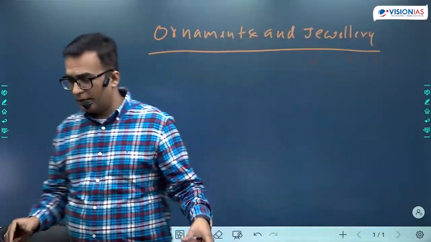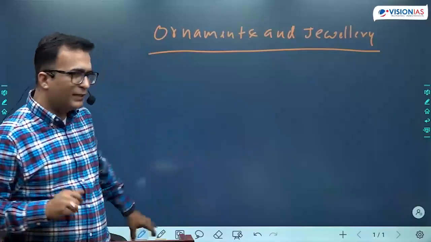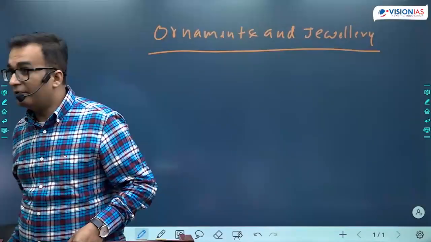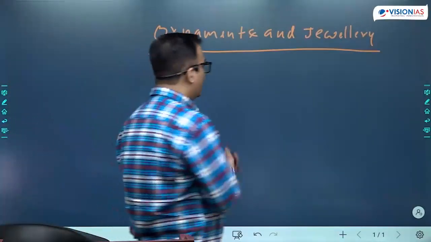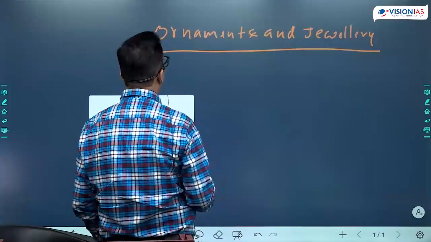So now, looking at the ornaments and jewelry which were used by Indus Valley people, it seems that they had a very good fashion sense then. So in fact, they used a variety of the ornaments. We'll look at that what all metals and the things which have gone into the creation of these ornaments.